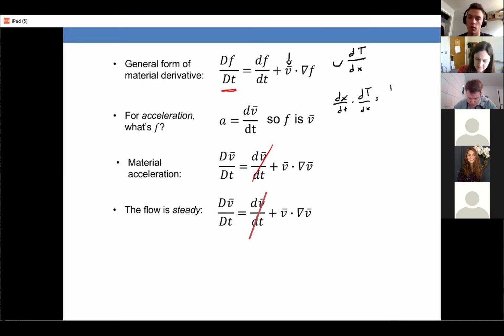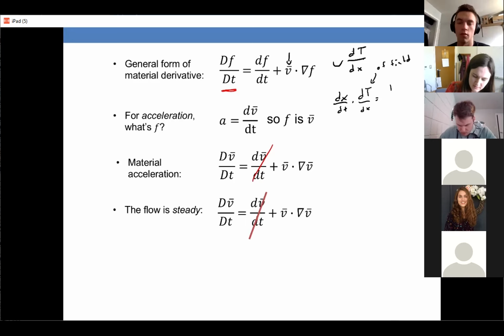Oh no, these are different, because this is dT/dx of the field, and this is v of the particle. So I'm not sure formally that works out how I wrote it out, but I think your idea is right, that's basically what's happening.